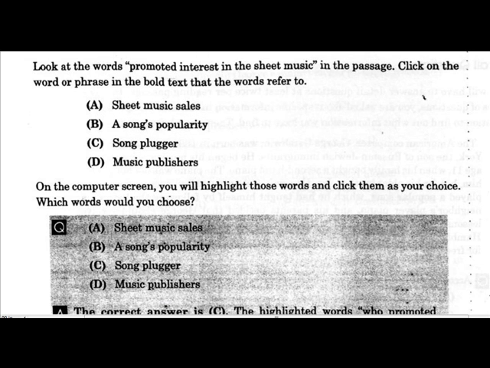Look at the words promoted interest in the sheet music in the passage. You'll click on the word or phrase in the bold text that the word refers to. On your computer screen you will highlight those words and click them as you choose. Now you have examples up here: sheet music, song's popularity, song plugger.